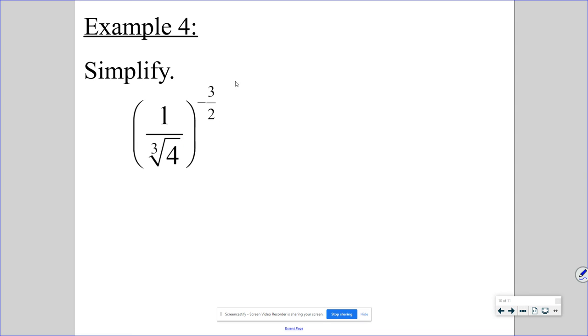Okay, this one says simplify, so we're going to get rid of any negative exponents or any fractional exponents. What I'm actually going to do first, guys, is rewrite the inside of this radical. I'm going to rewrite it here as 4 to the 1/3 power. The reason I'm choosing to do that is because I have a fraction on the outside that's a power.